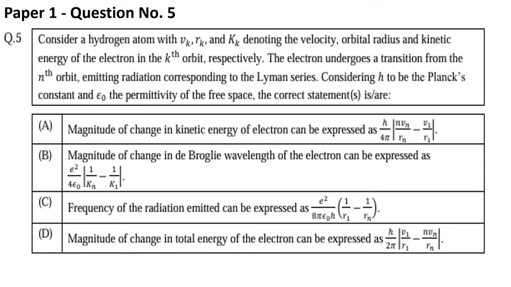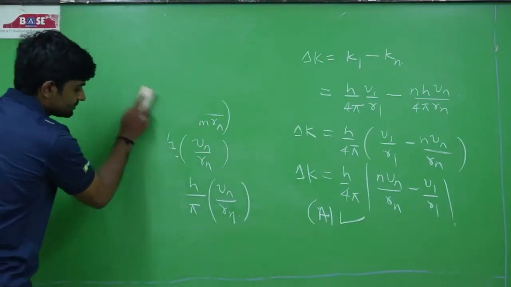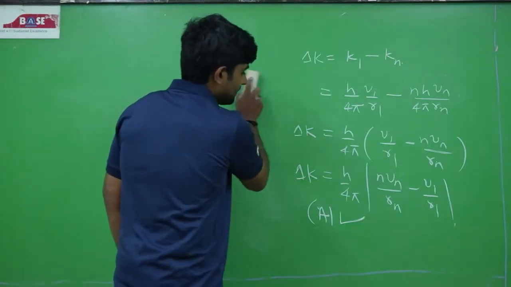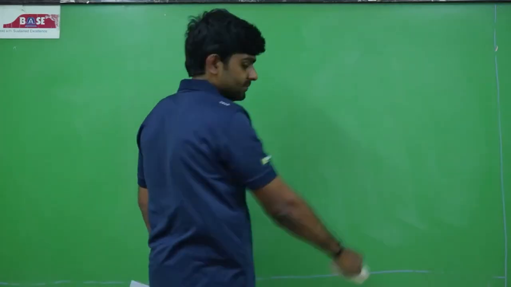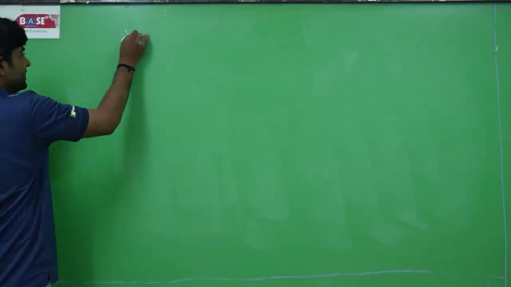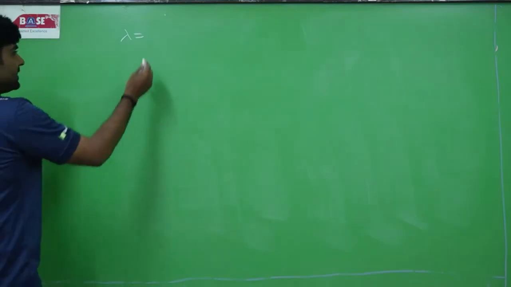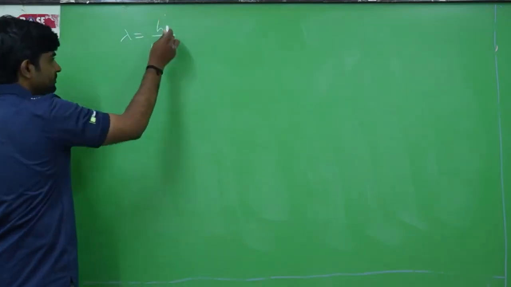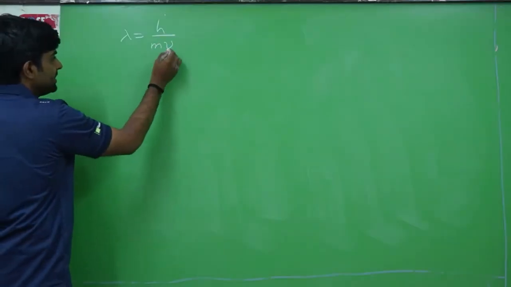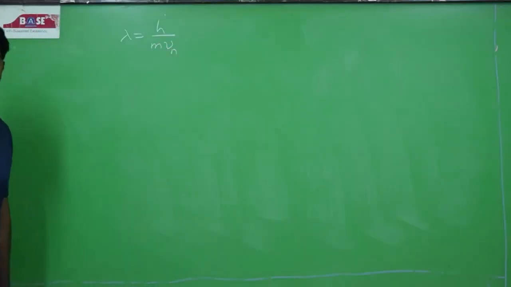So I will erase all these things, and we'll think about the de Broglie wavelength. De Broglie wavelength is given as h by momentum in the denominator, but here we have the velocity of a particle moving in the nth orbit, so we have h by mvn.